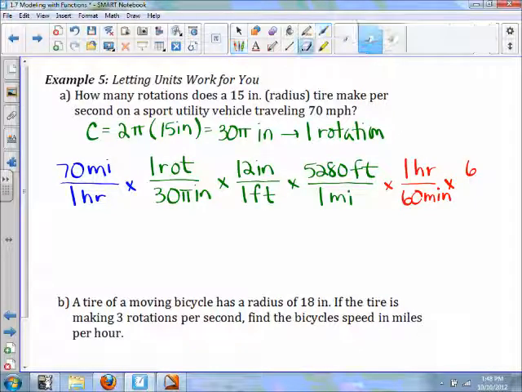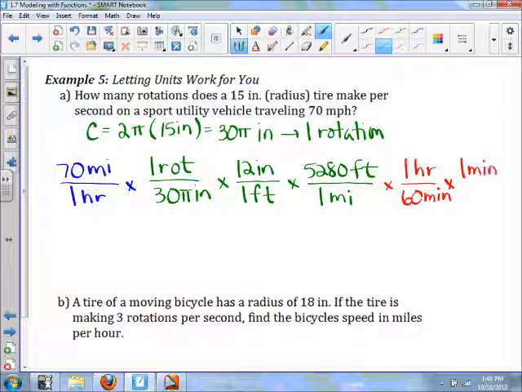And 1 minute is 60 seconds. Now, if we did this correctly, the only thing that should be left after we do some canceling is rotations in seconds. So mile cancels with mile, hour cancels with hour, rotations we want, inches cancels with inches, feet cancels with feet, minutes cancels with minutes.